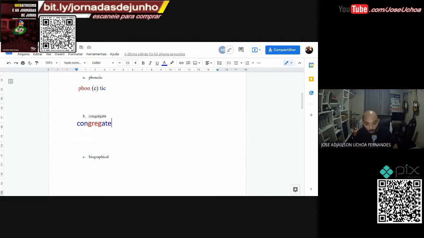We have no other way. Either congreg is a root and ate is a suffix, or con is a prefix, ate is a suffix, and greg is a root. Now, an exercise for you, an exercise for researching. Can you find words starting with greg or derived from greg?